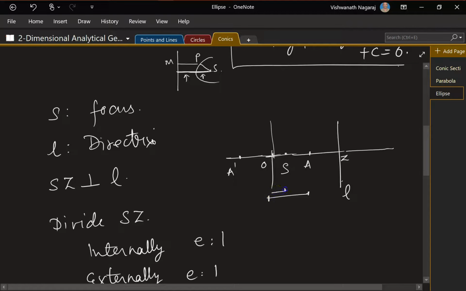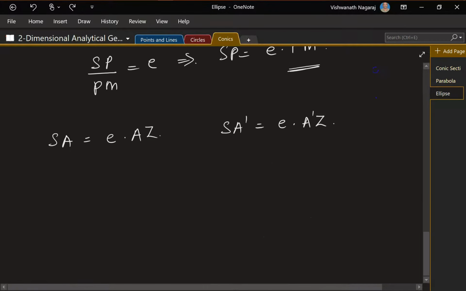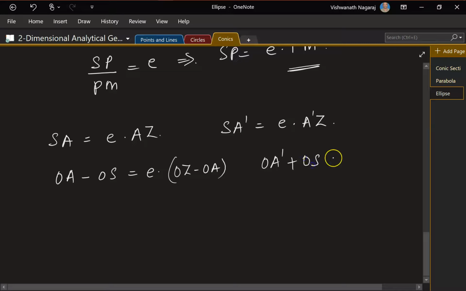So when you minus this, you are left with this. That is nothing but SA. Okay. So let's write it down. OA minus OS is equal to E times OZ minus OA, since AZ can be written as OZ minus OA. Similarly, here this can be written as OA prime plus OS is equal to E times OZ plus OA prime.